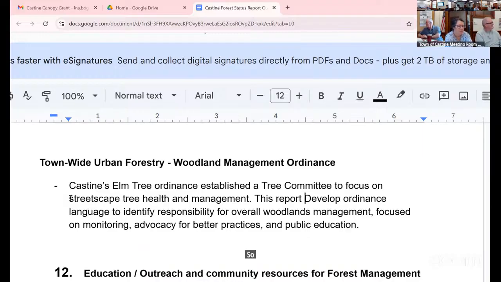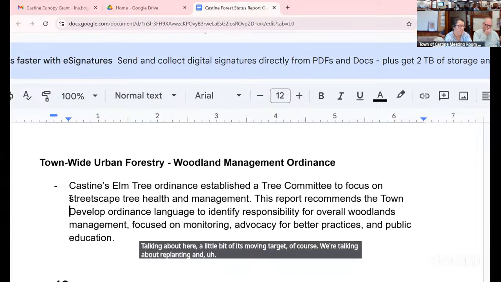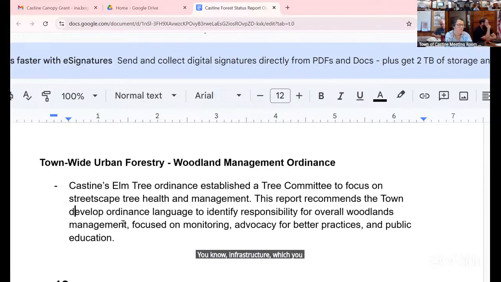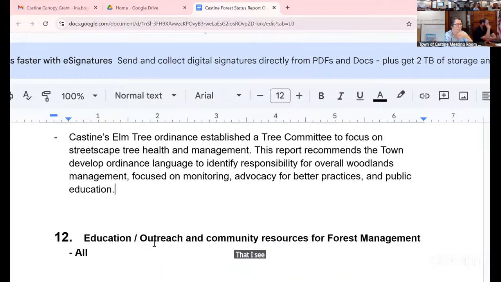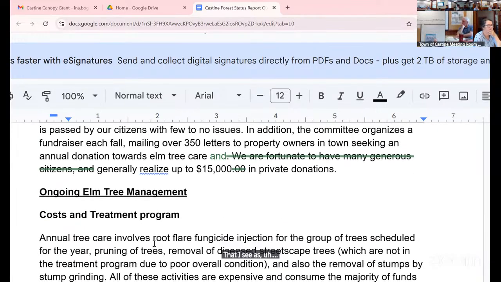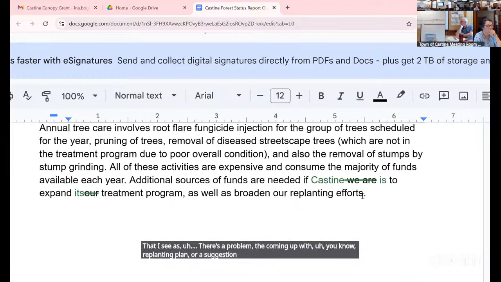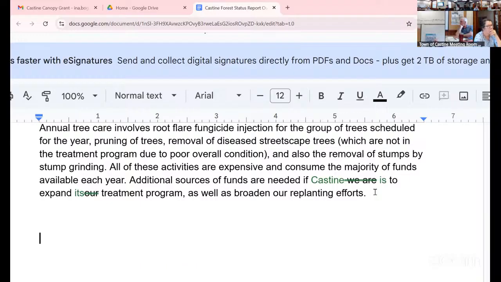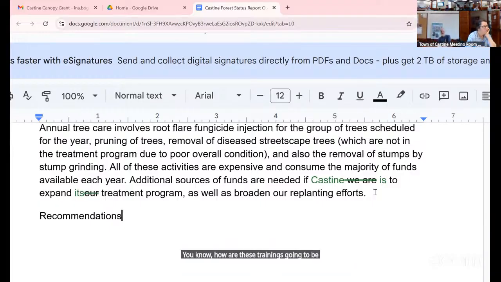A lot of the stuff that we've been talking about here is a moving target. Of course, we're talking about replanting and infrastructure, which you mentioned, and that's probably the biggest problem in coming up with a replanting plan or a suggestion for people as to what to plant: what's in the ground, what's in the air for infrastructure, and how these trees are going to be affected in the future.